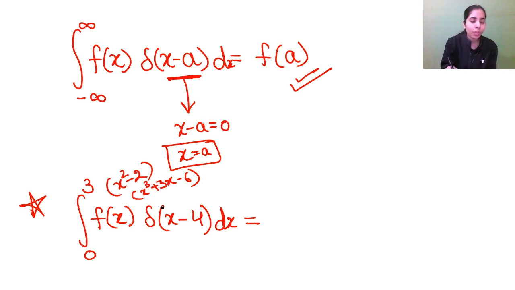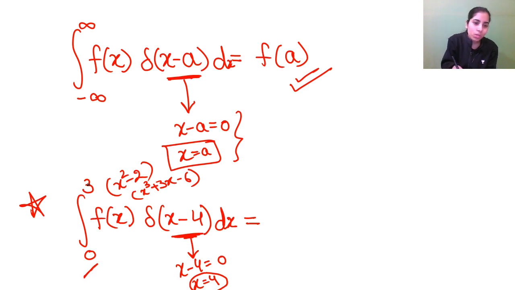So we will consider it if it is present within our limits. If it is not, see guys, you just need to equate the argument with 0 first, as we have done in this case. So x minus 4 is equal to 0, and you will get x is equal to 4. After this, you need to check whether x is equal to 4 exists within these limits, that means between 0 to 3.